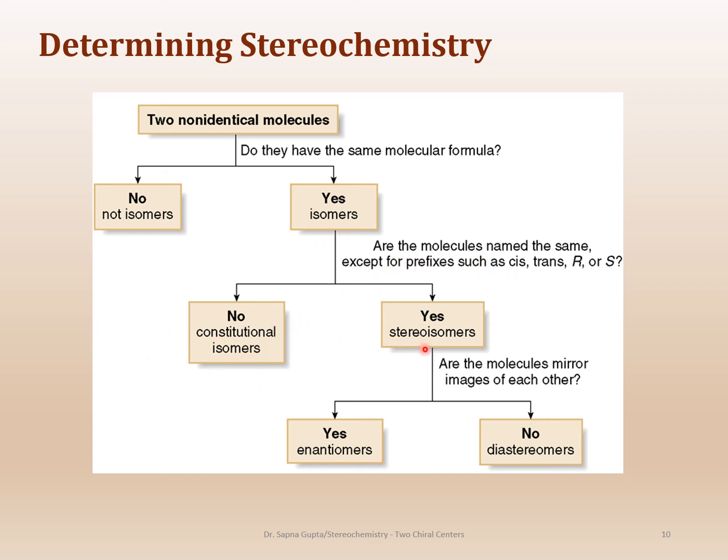If yes, they have the same structure, then they're stereoisomers. Okay, then you have to see if they are cis or trans or R or S. And then if the molecules are mirror images, no, then diastereomers. If yes, then they are enantiomers. So this is a nice little chart also, flow chart, to help you figure out if you have same or different kind of molecules. I think this is probably one of the least used charts, okay, because there are easier ways of doing this.